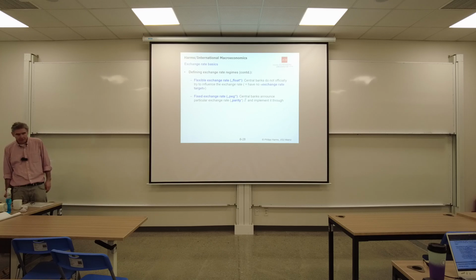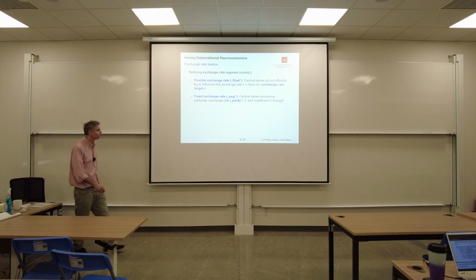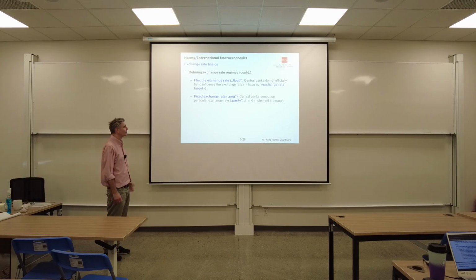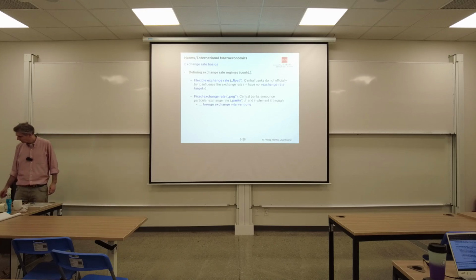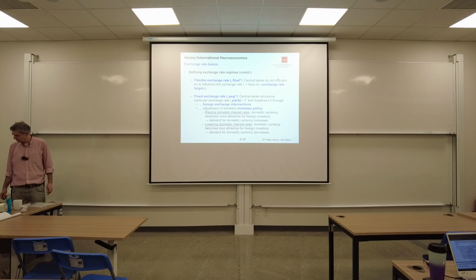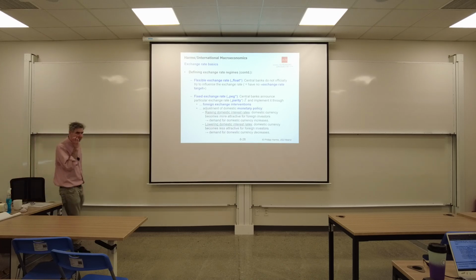Now with a fixed exchange rate, which is sometimes called a peg, central banks announce a particular exchange rate, a parity, E-bar, and implement it through either foreign exchange interventions or by adjusting the domestic monetary policy.